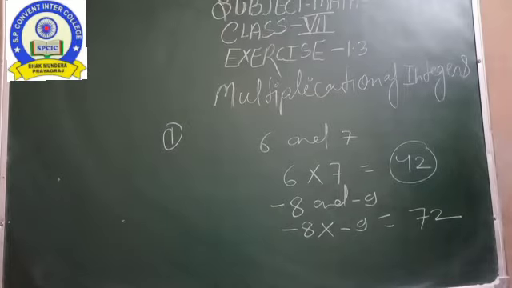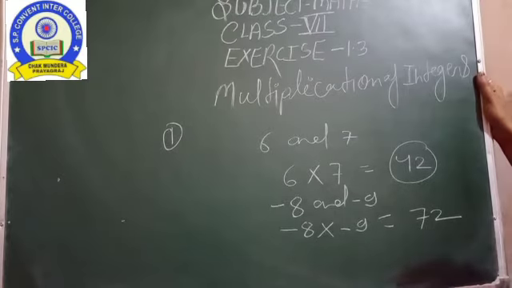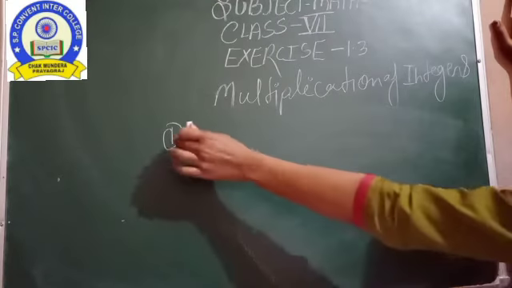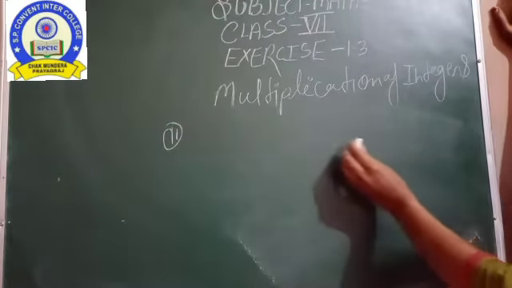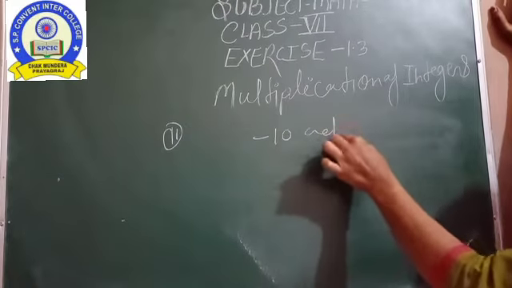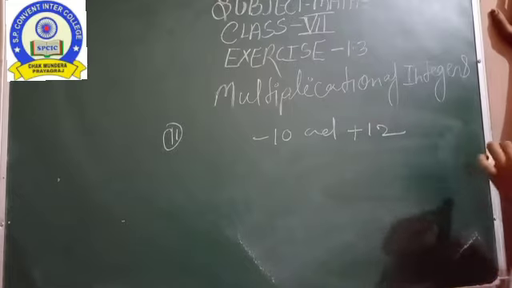Now the second rule: while multiplying two integers having the opposite sign, the product of the numbers will have a negative sign. How? For example, -10 and +12.